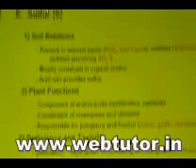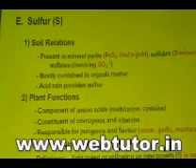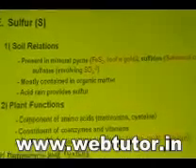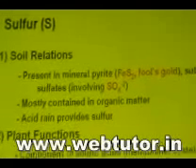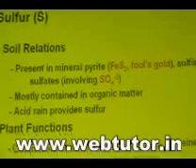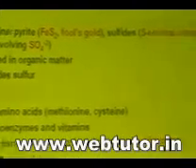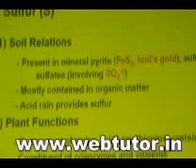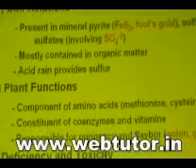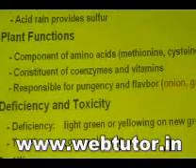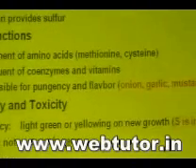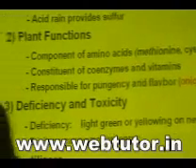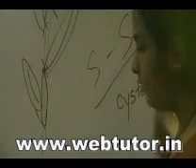Now, coming to sulfur. Sulfur is a major component of which kind of constituent of plant? Have you heard of something called an SS bond, sulfur bridge? Essential amino acid.